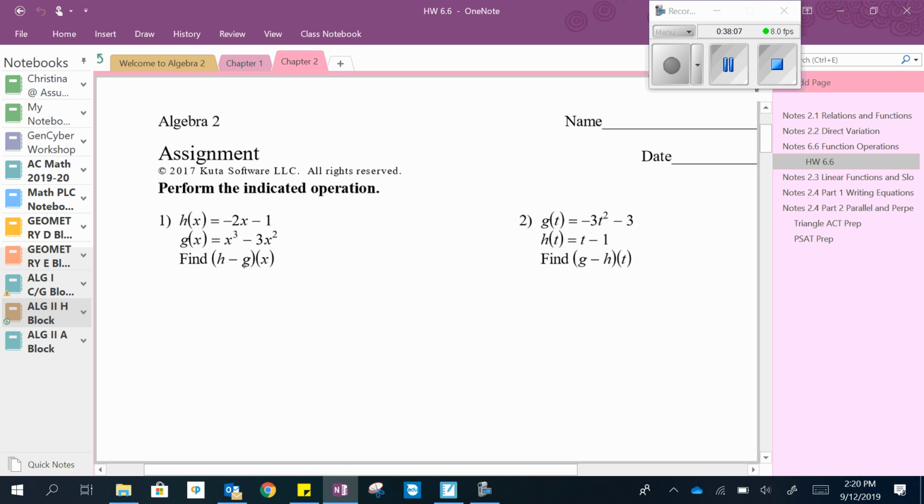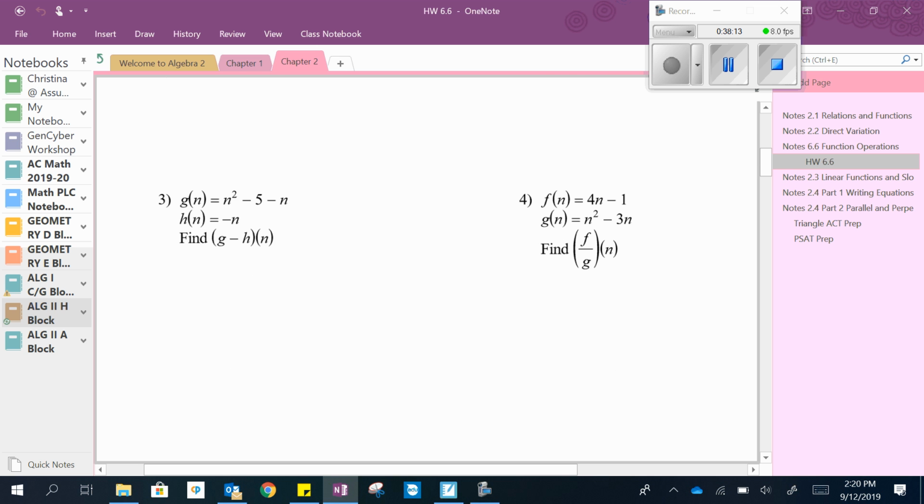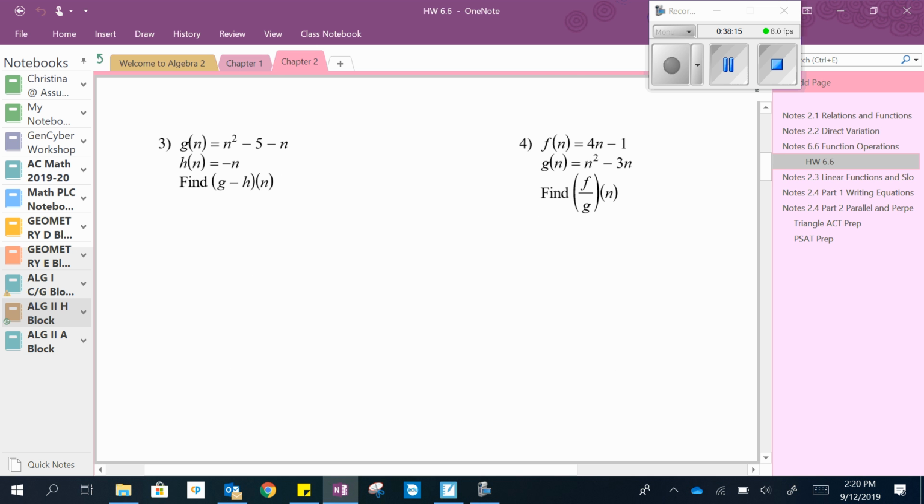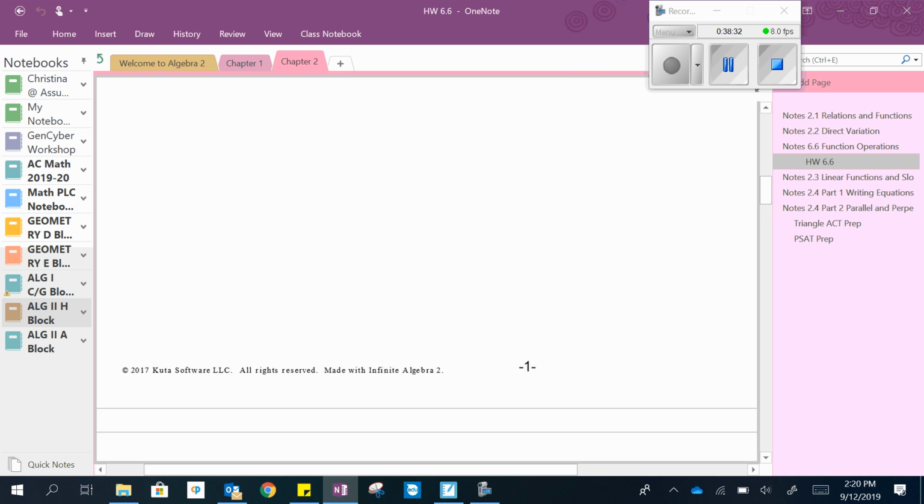Some of these functions, you might not be able to combine anything. You're just going to write it as a list, but you're just going to go through the steps of how to simplify those functions. A lot of the division you can't simplify, like this one in particular. F over g, 4n minus 1 over n squared minus 3n. Nothing's going to simplify from that. You just leave it, you just put it on top of each other.